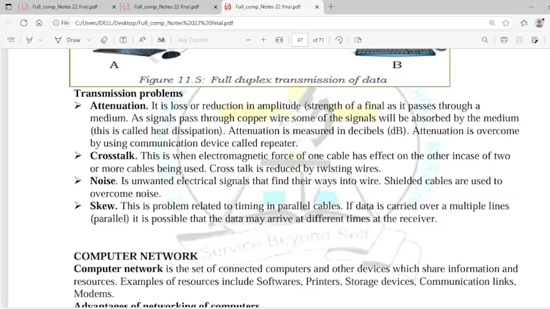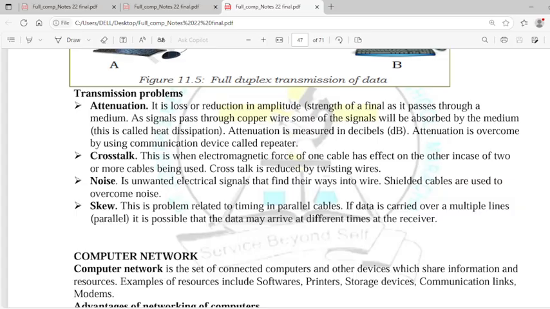The electric signals from the cable carrying electricity may find their way into the other that carries data. Such a moment will create a problem, and that problem in data communication is known as noise.